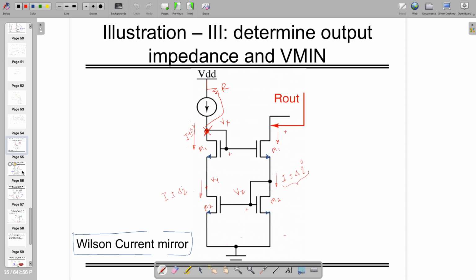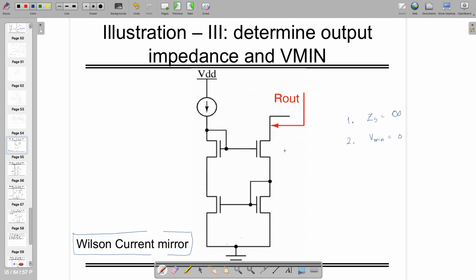This might be the better technique, but to evaluate each current mirror, we need to look at one thing very clearly: whether it qualifies for our requirement of being a good current source or not. Those requirements are source impedance and V minimum being 0.